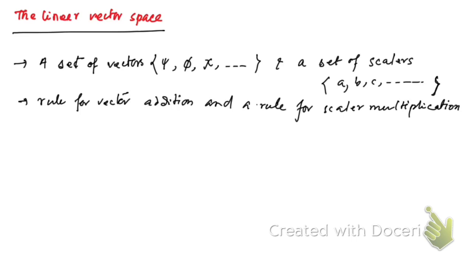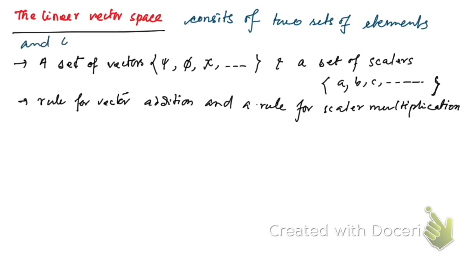So that means a linear vector space consists of two sets of elements and two algebraic rules.